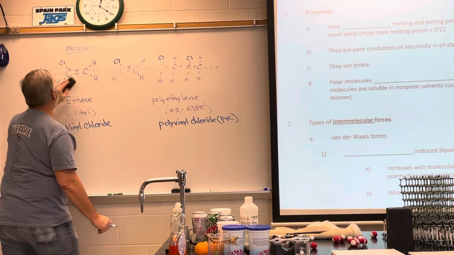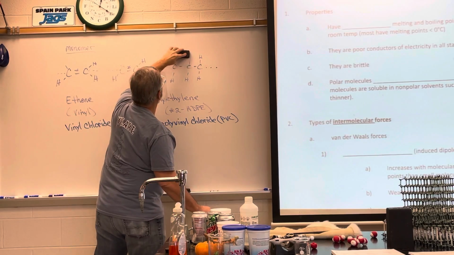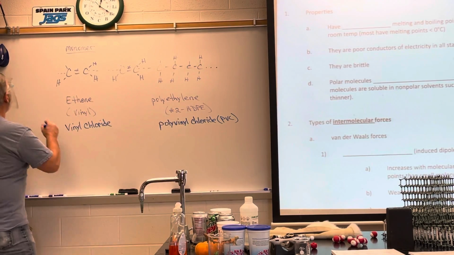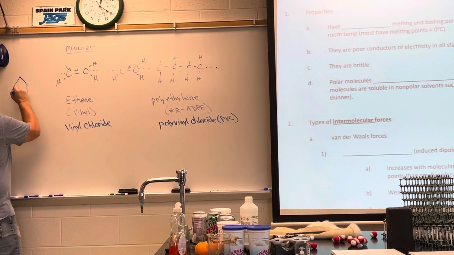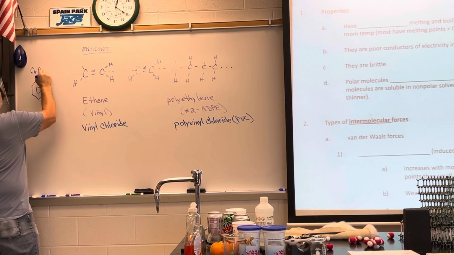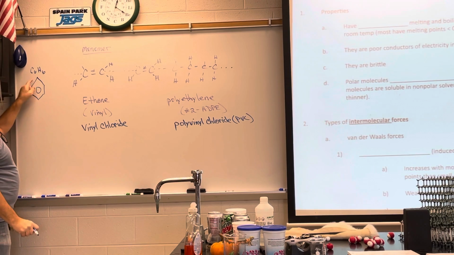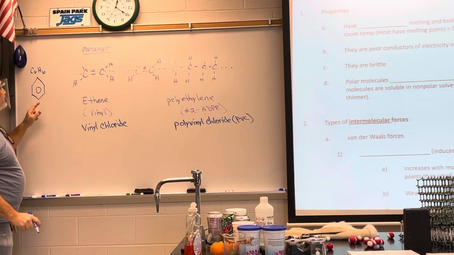Let's make one other modification. A benzene ring looks like this, and it's C6H6. Okay? So this represents C6H6, just a lot easier to draw it like this.